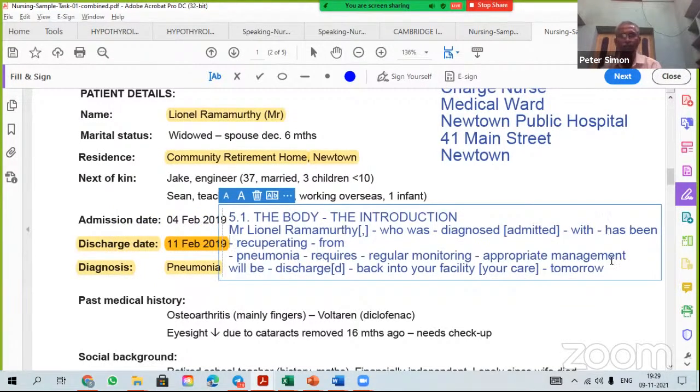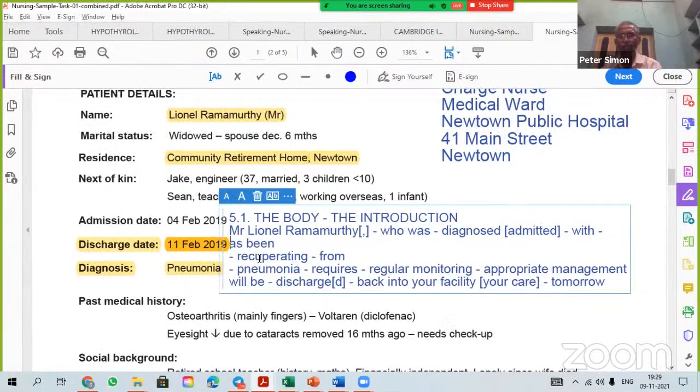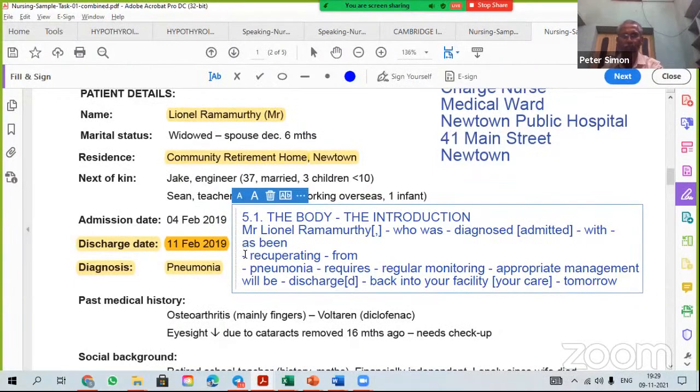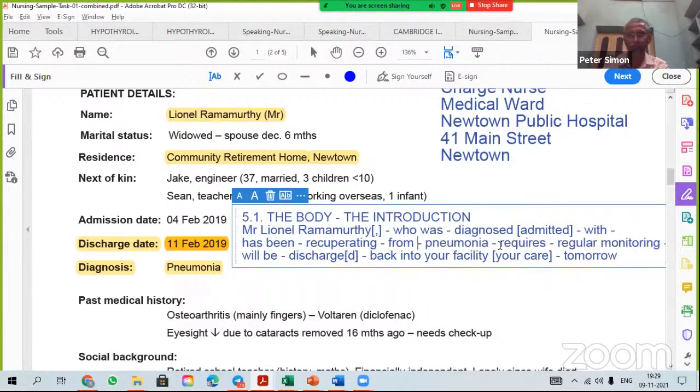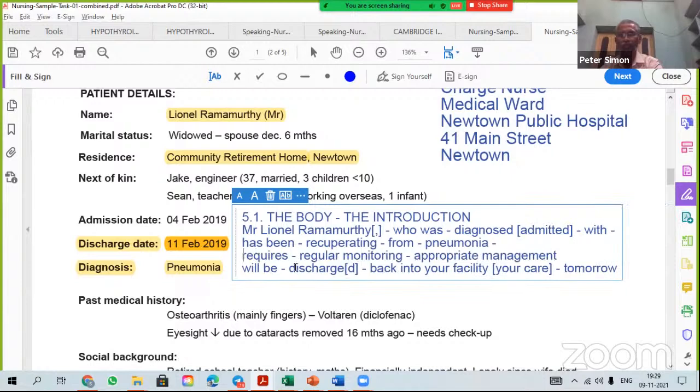Just bear with me 1 second. Has been recuperating from, requires, regular monitoring and appropriate management. So here it is. Then will be discharged tomorrow.